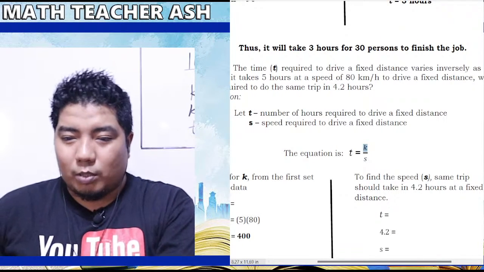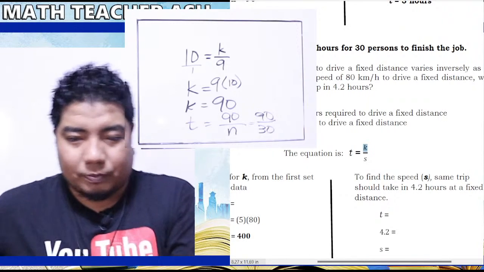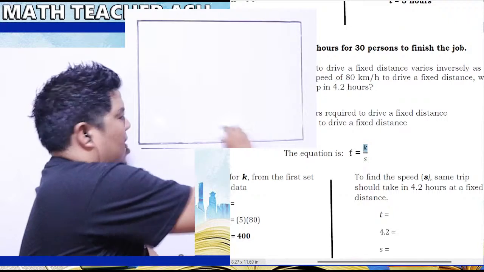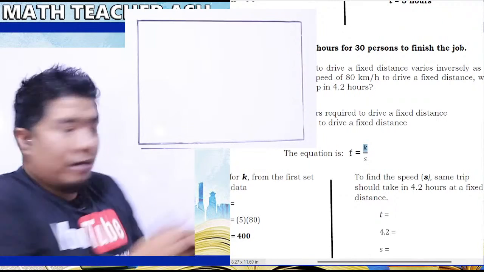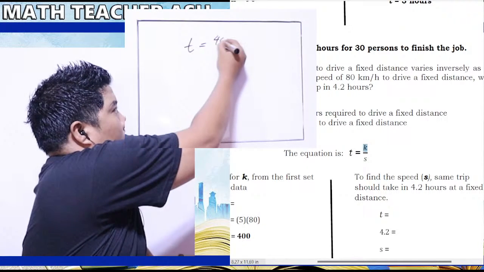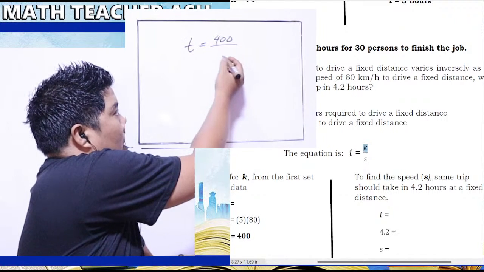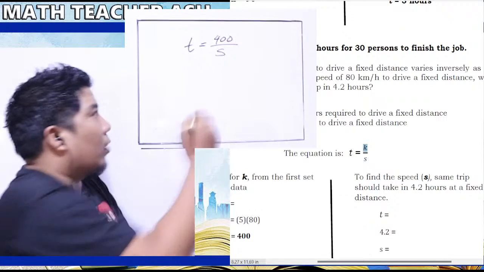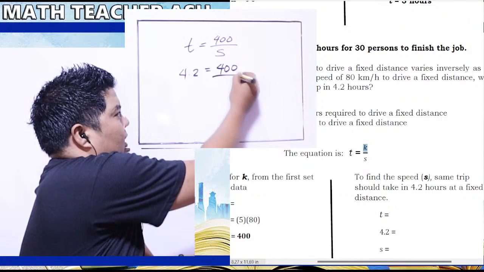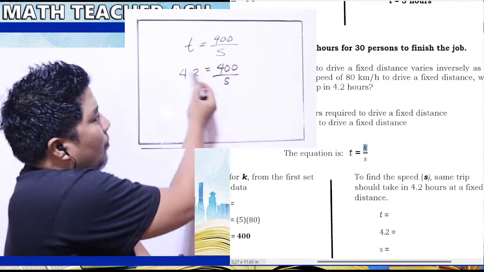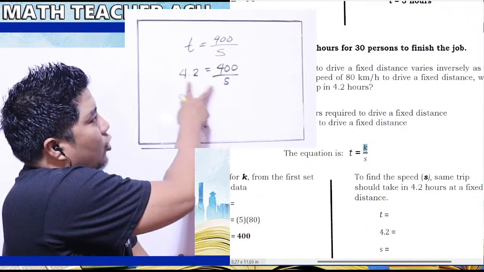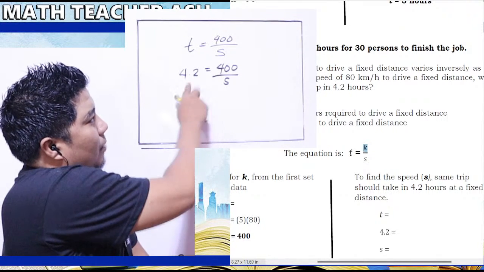Okay, let me just show that one to you so you can get it better. Our new formula is t, and then 400 is our k, and then the speed. So what is the speed when it is 4.2 hours? That is 4.2 is equal to 400 over s. As you can see, when we cross-multiply this one, there is still a variable, right?